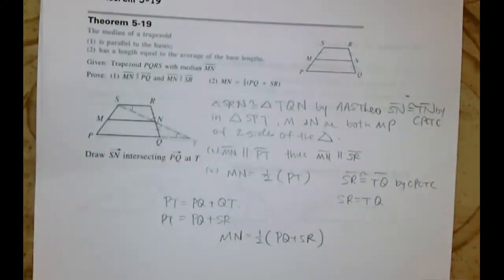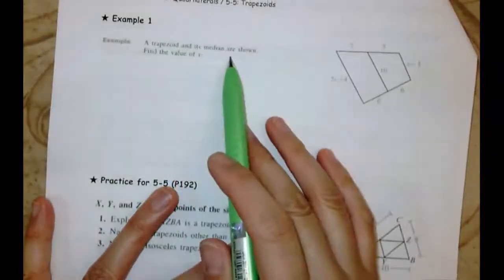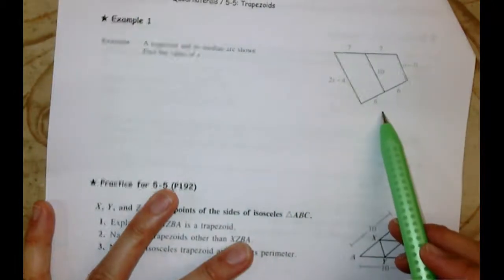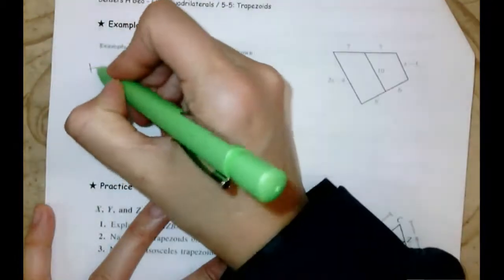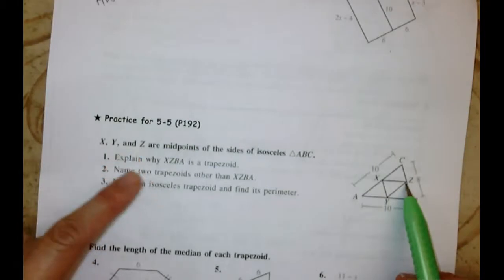Okay? All right, next page. Example 1: a trapezoid and its median are shown; find the value of x. You can do this, right? So do this one for homework. And let's look at these practices. X, Y, Z are midpoints of the sides of the isosceles triangle.